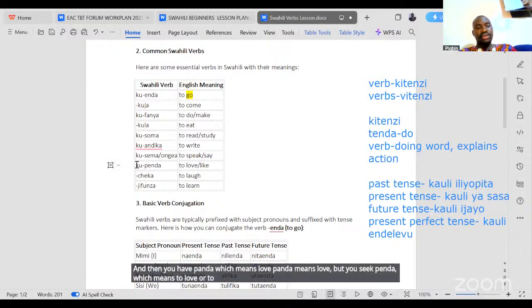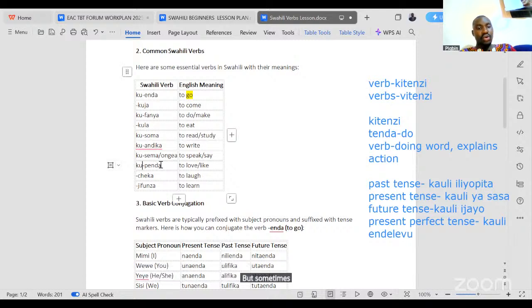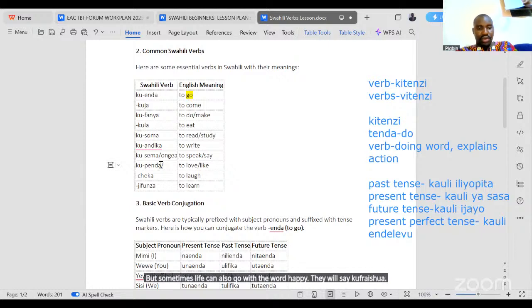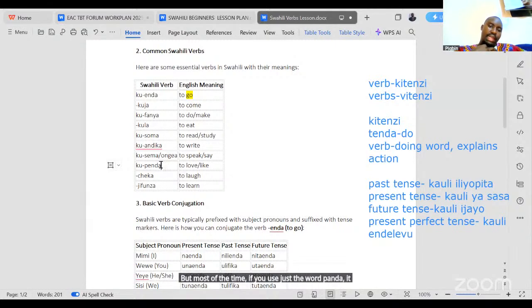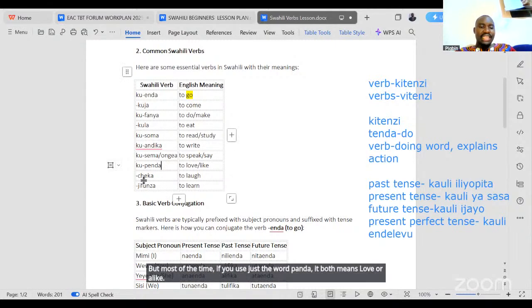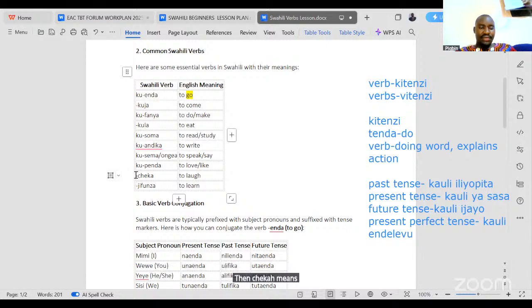You can use the same penda to mean like or love. Sometimes like can also go with the word happy, they will say kufurahishwa or furahishwa. But most of the time, if you use just the word penda, it means both love and like. Then cheka means laugh, and if you say kucheka, you mean to laugh.